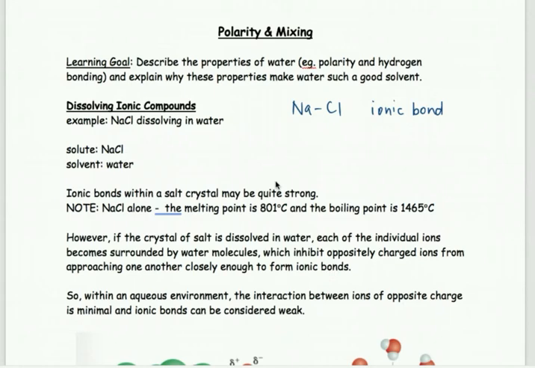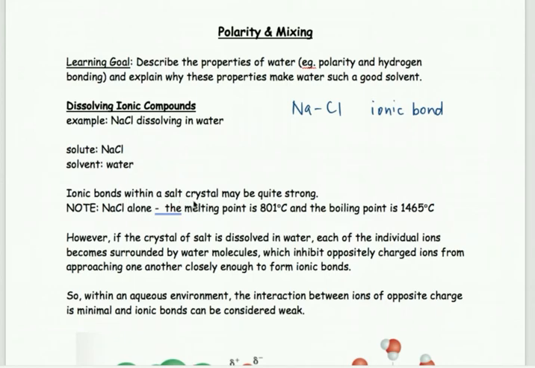When we were looking at the melting point and the boiling point and so forth, they were much higher than the covalent compounds. When we were looking at this, we were just looking at sodium chloride on its own. We didn't mix it in anything. We just added energy, so we added heat to it.